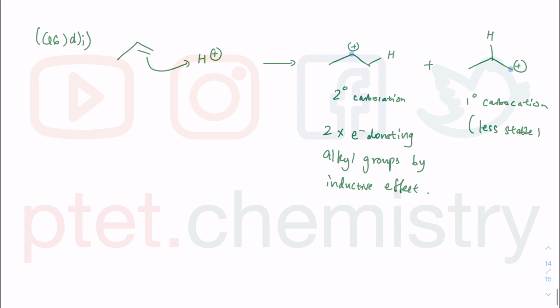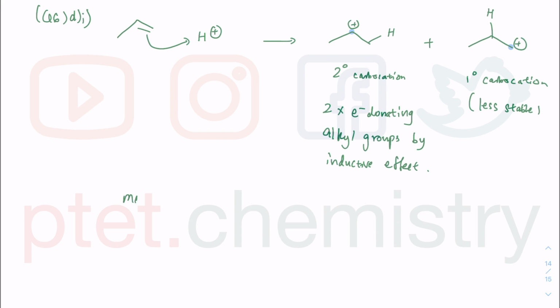Okay, so they say draw structures to identify the more stable and less stable carbocation. They don't say display, they don't say skeletal, they don't say structural, so I can do whichever one I like. But for the sake of showing you very clearly what is going on, I'll probably do display just to be a little bit clearer.